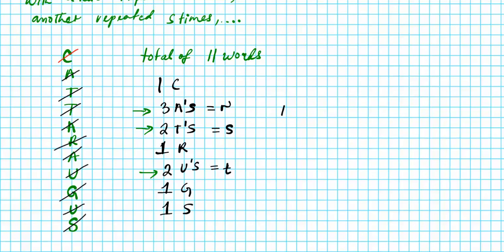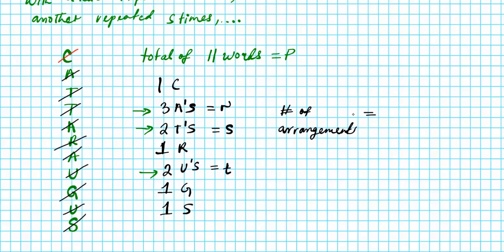Okay, so the number of arrangements is going to be given by the total. So we have 11 letters, so 11 is equal to P. Another way to check that this setup is correct: out of these numbers, 1 plus 3 is 4, plus 2 is 6, plus 1 is 7, plus 2 is 9, plus 1 plus 1 is 9 plus 2, which is 11.